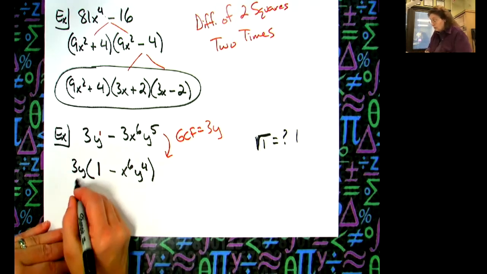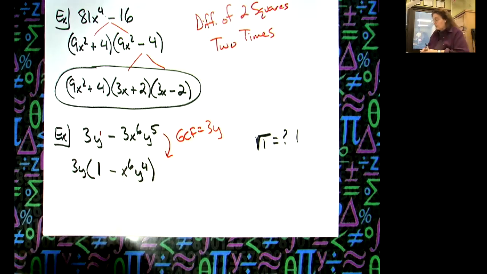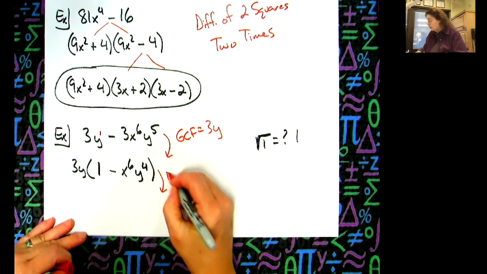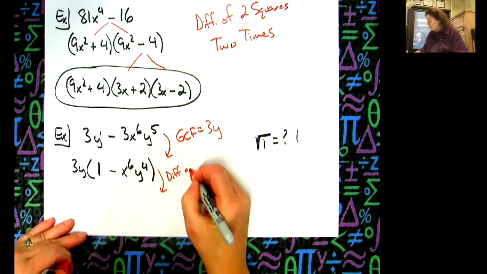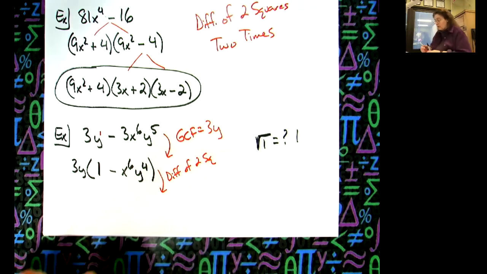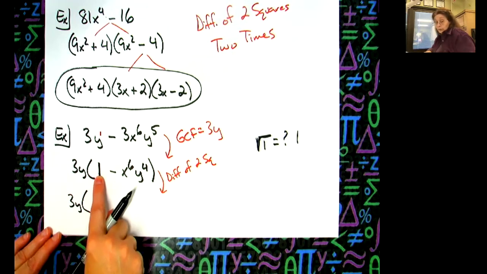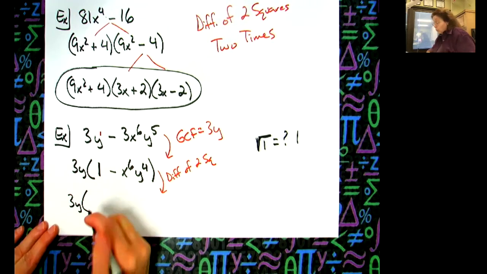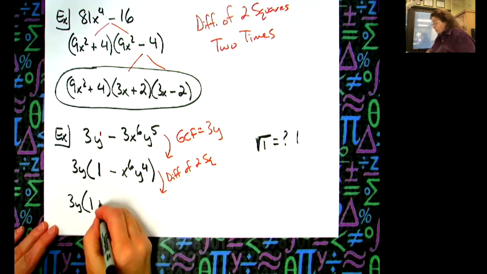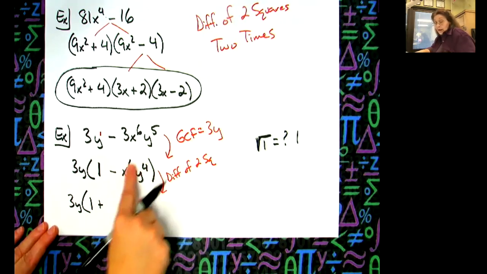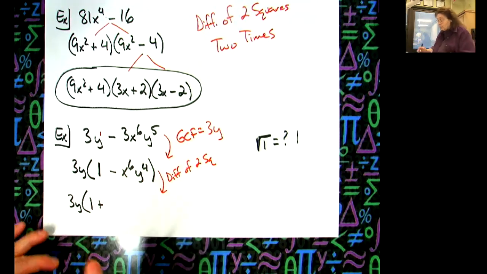So when I go to do the difference of 2 squares, we're going to keep the 3y because it's out in front. It stays put. I take the square root of the first one, so square root of 1 is 1. Then I do the plus sign. The square root of the second one would be half of those exponents.